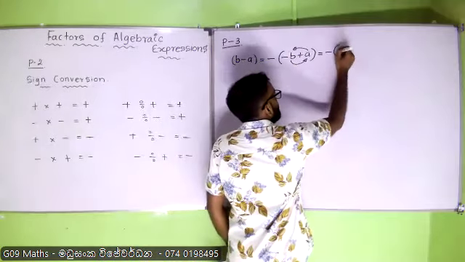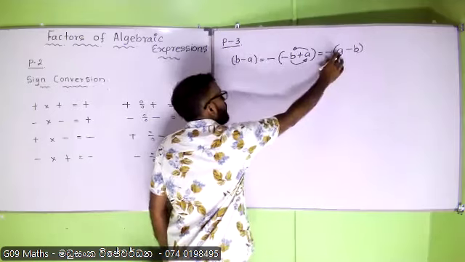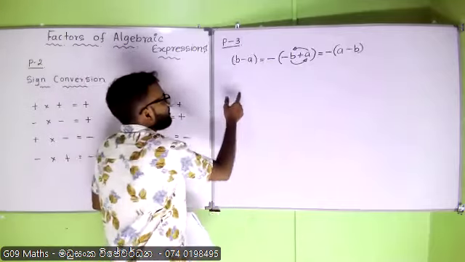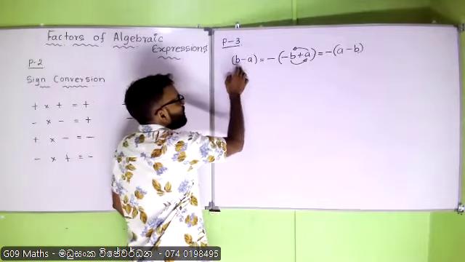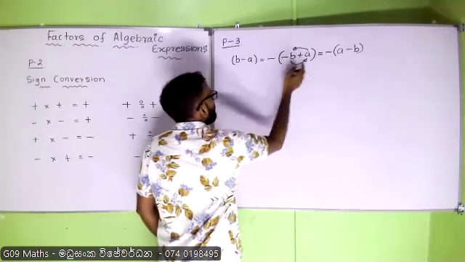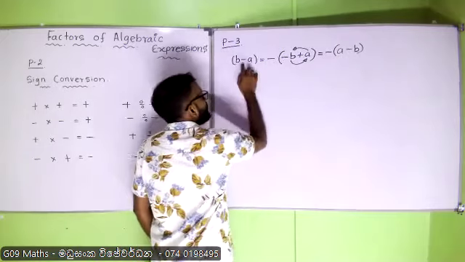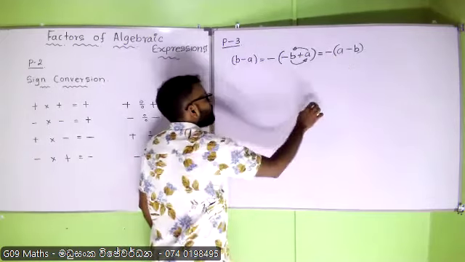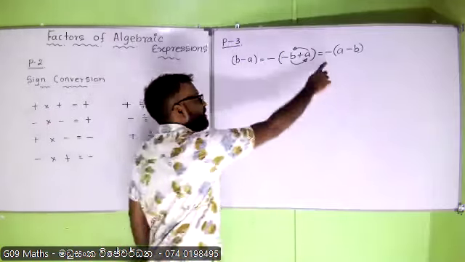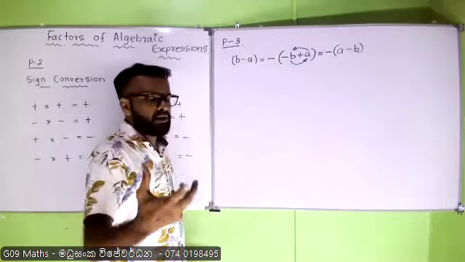So A comes here, B goes there. Now compare this one and this one. What happens? I have taken the negative sign out from this. Negative B, and this negative A becomes positive A. A minus B. The opposite thing happens. Negative times A minus B. Try to catch the pattern.